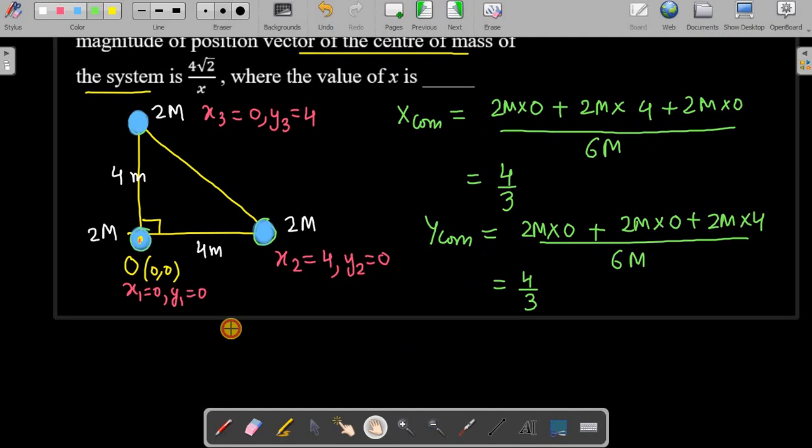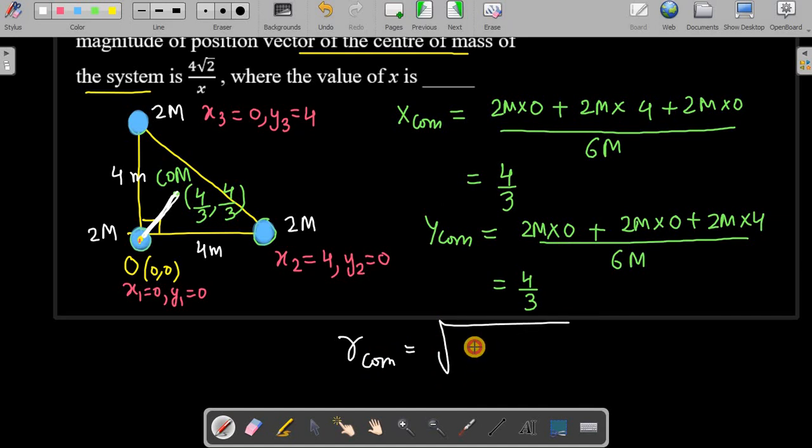Now the distance of the center of mass from the origin. The point is coming as 4 by 3, 4 by 3, right? This is the center of mass. Now this distance of the center of mass from the origin we can calculate. It will be root of x center of mass squared plus y center of mass squared.